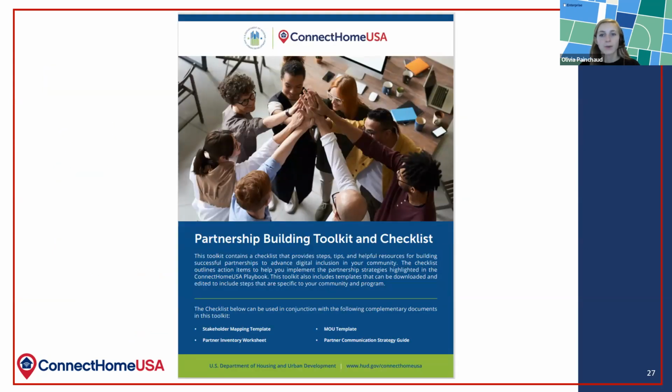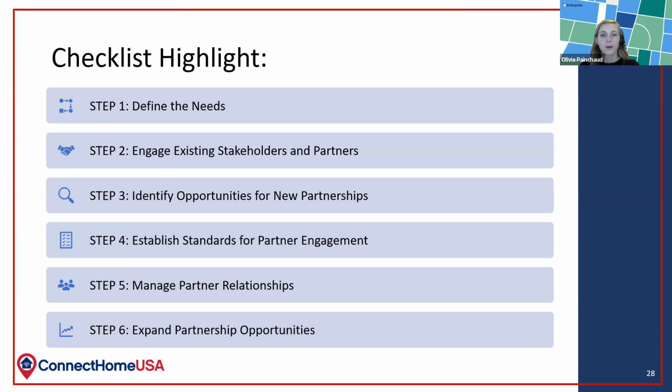Here's a snapshot of what the checklist looks like. Although we won't dive into the details of each step in the checklist, there are some important highlights we would like to cover that you will see in the following slides. The Partnership Building Checklist lists the 6 key steps you see to help you identify and build partnerships. The checklist provides you with information that will help you implement each step.